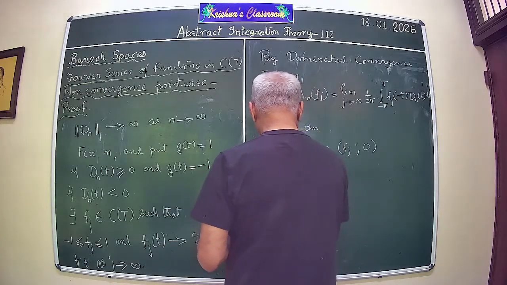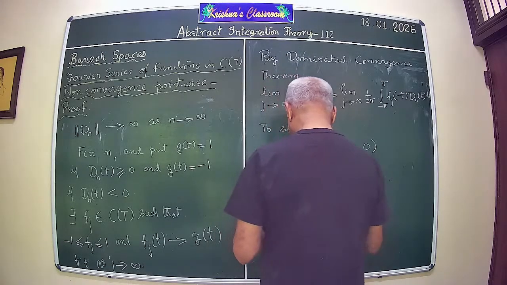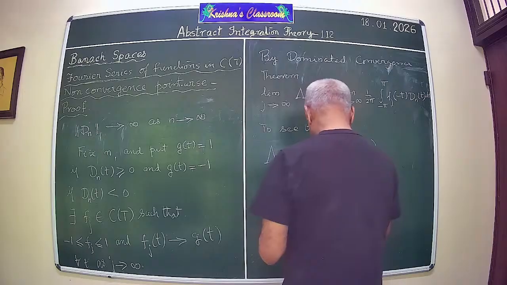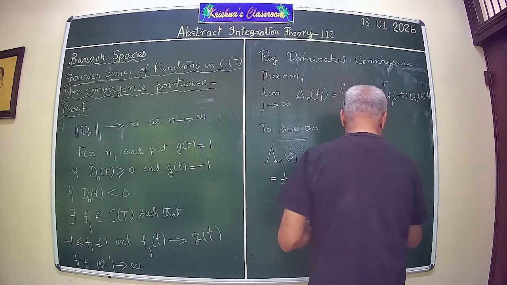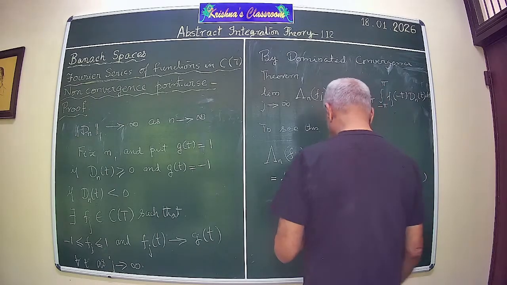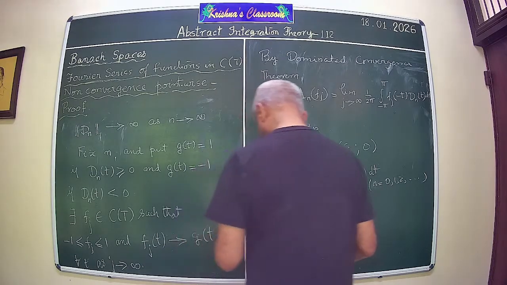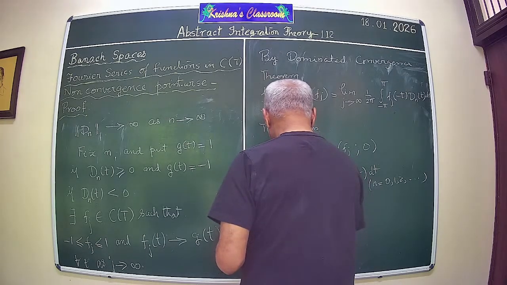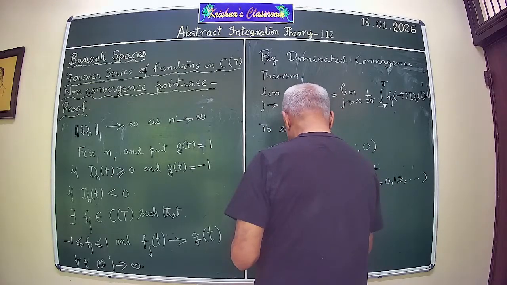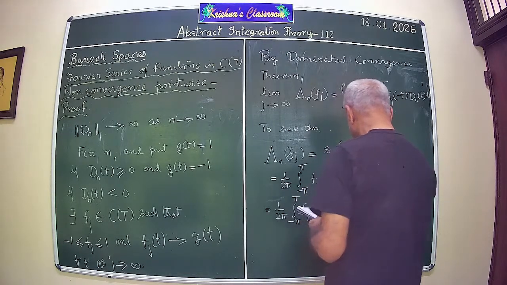And this is equal to 1 by 2 pi integral from -pi to pi of f_j(t) dt, and this is equal to 1 upon 2 pi ... dt.